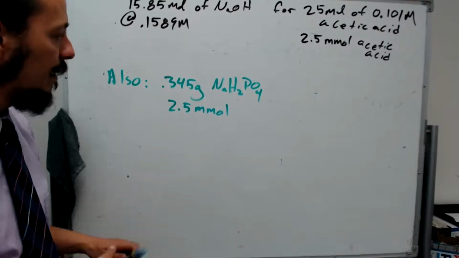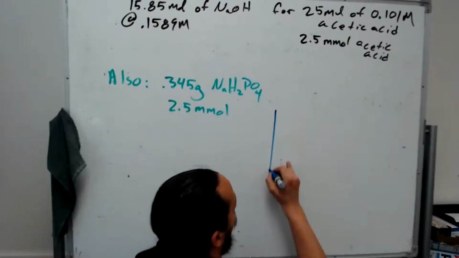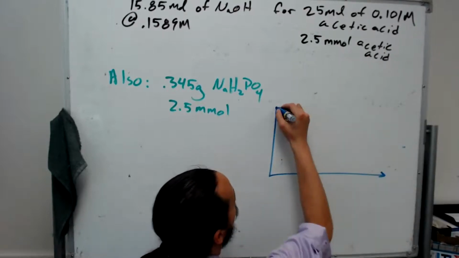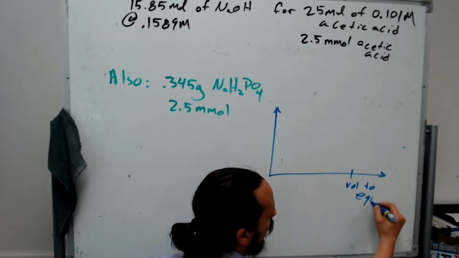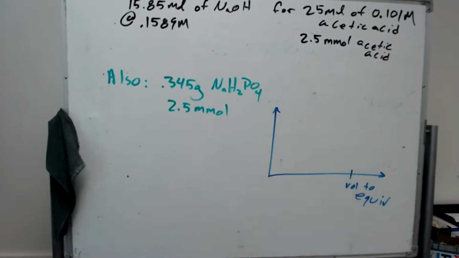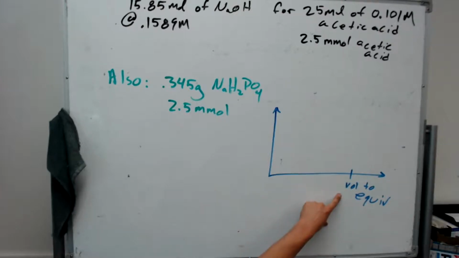So when we think about a titration, these numbers were supposed to be the same because that's what the lab asked us to do. When we think about the volume to equivalence point, what equation do we use? How do we deal with that?